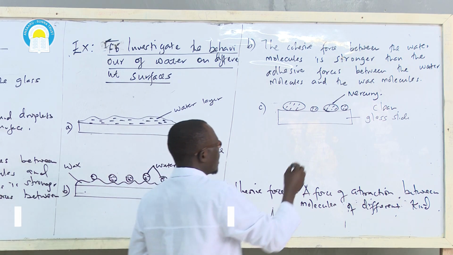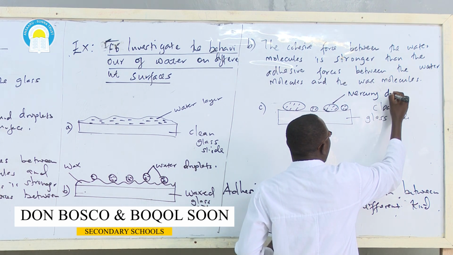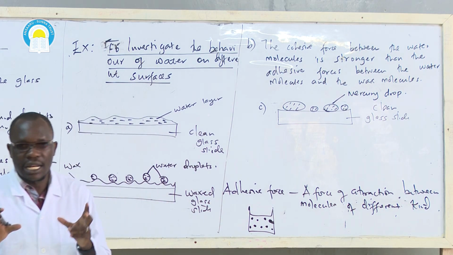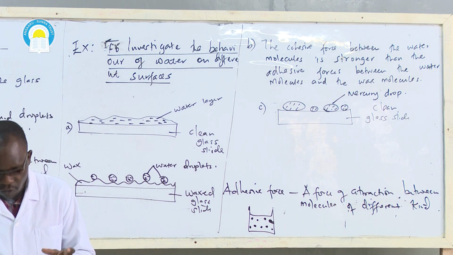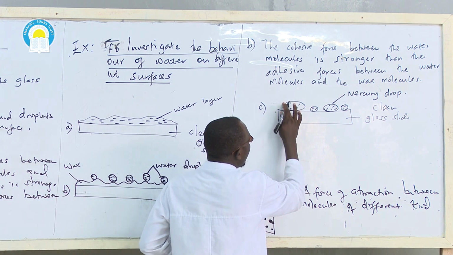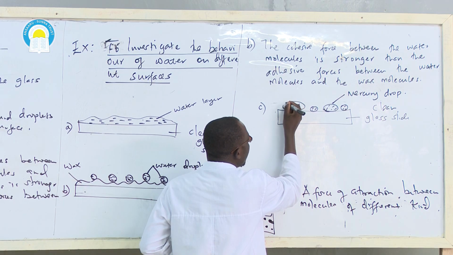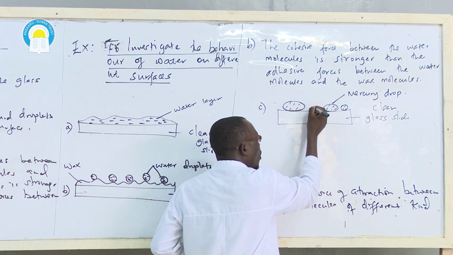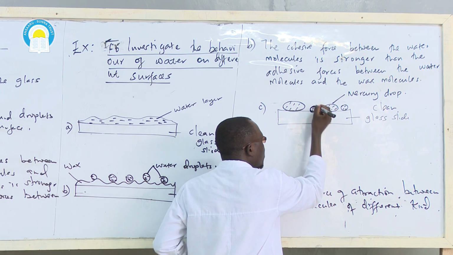So if mercury is placed on a clean glass slide, the mercury is not going to wet the glass surface. Mercury is going to form drops. And the difference is we shall have formation of big oval-shaped drops, and there are the small round-shaped drops.